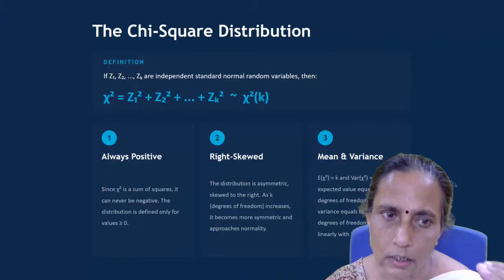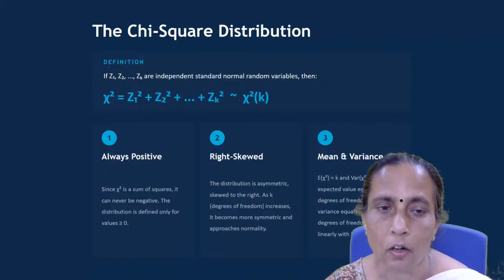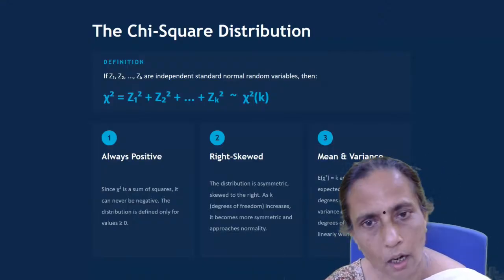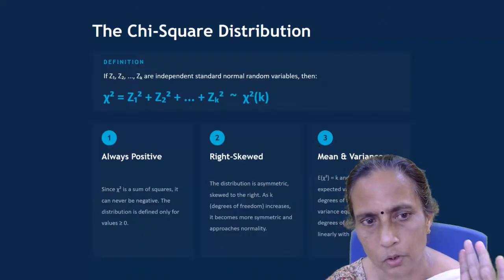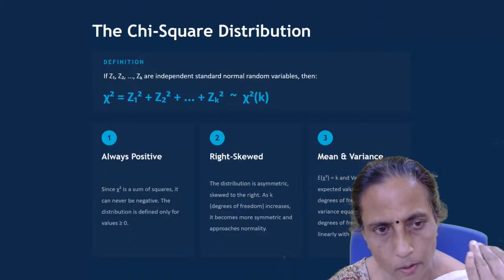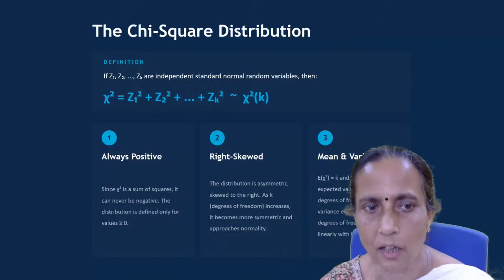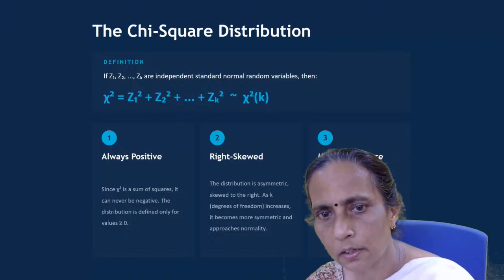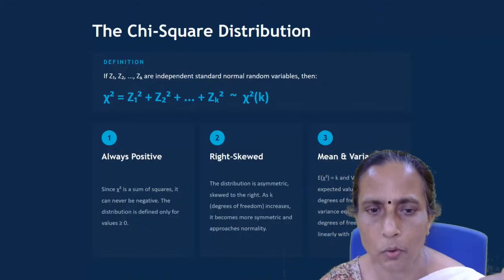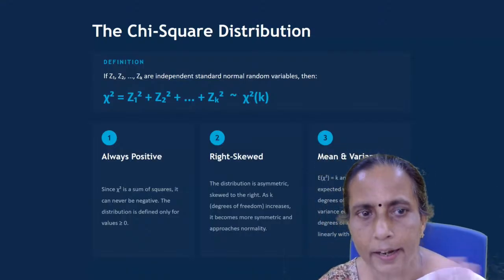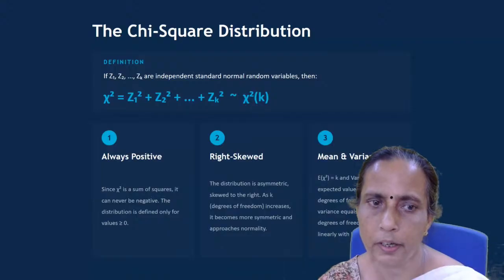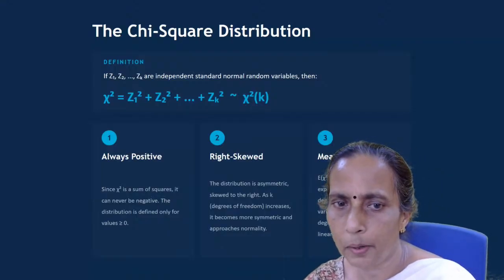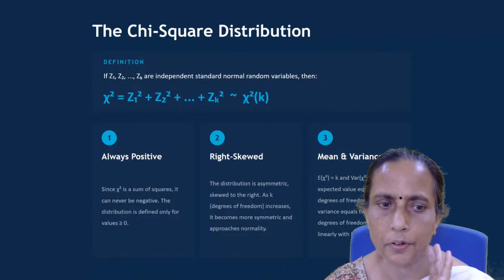In that case, chi-square is equal to the sum of the squares of all these, and it is the chi-square with k degrees of freedom. As they are k numbers, it is k degrees of freedom.